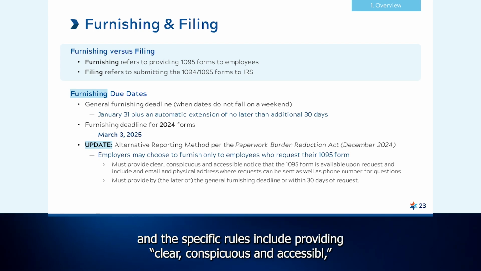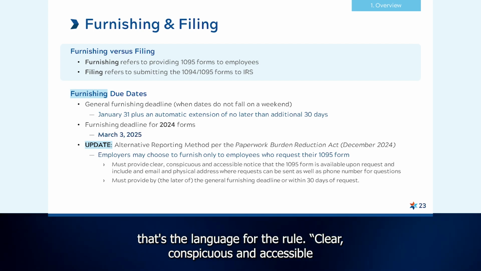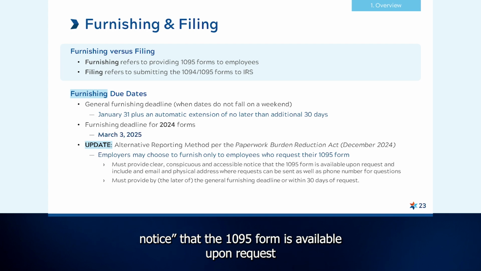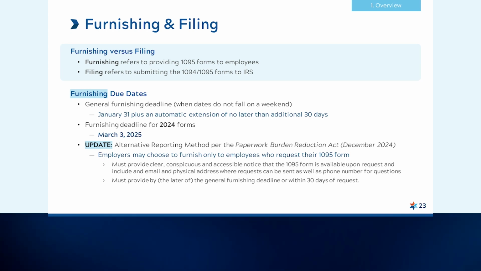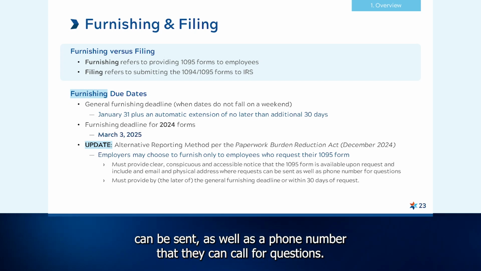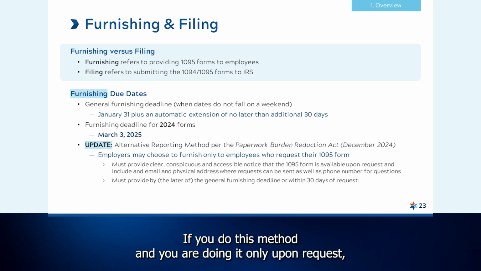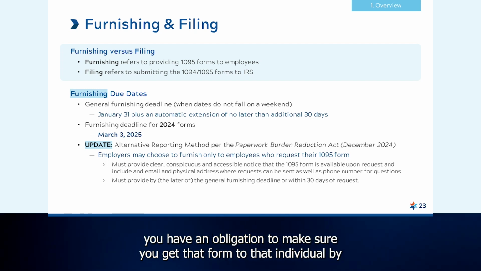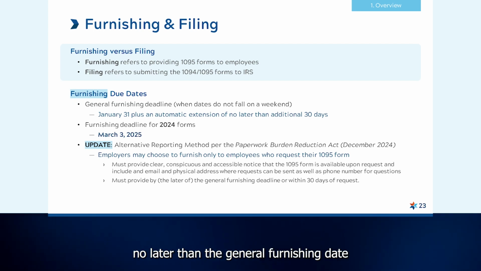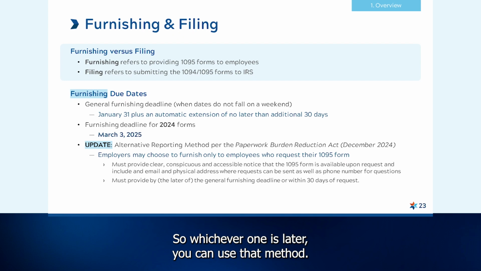The specific rules include providing clear, conspicuous, and accessible notice, that's language from the rule, that the 1095 form is available upon request, and also including in that notice an email and physical address where requests can be sent, as well as a phone number that they can call for questions. If you do this method and you are doing it only upon request, you have an obligation to make sure you get that form to that individual by no later than the general furnishing date or within 30 days of the request, whichever one is later.